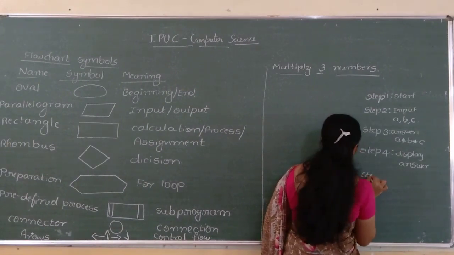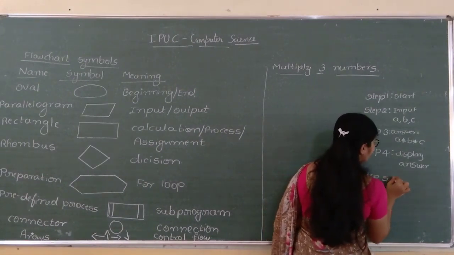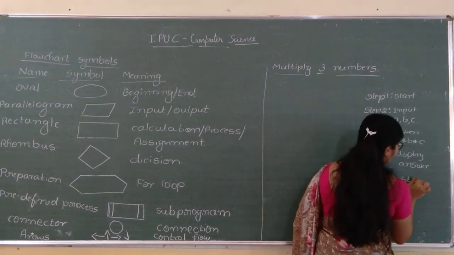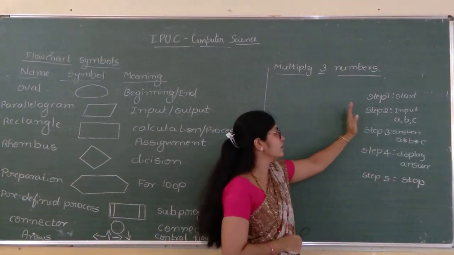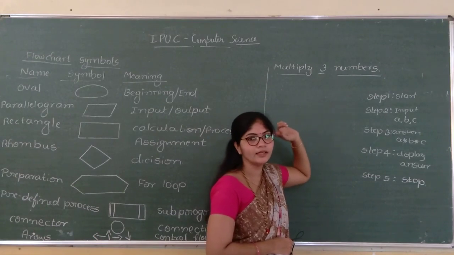Step 5, stop. This is the algorithm to multiply three numbers.